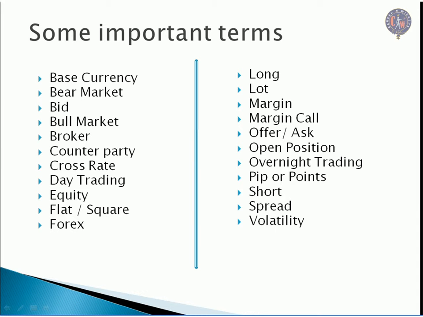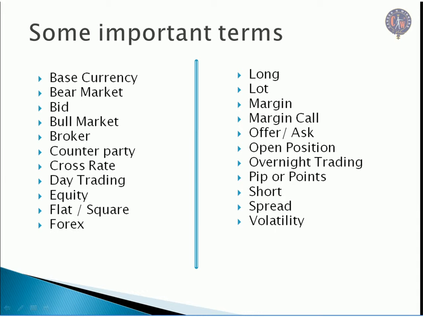The broker will charge interest on all these positions. The next term is pip or points. Depending upon the context, it normally refers to 1 basis point, that is 0.0001. This basis point works for all currencies except Japanese yen.